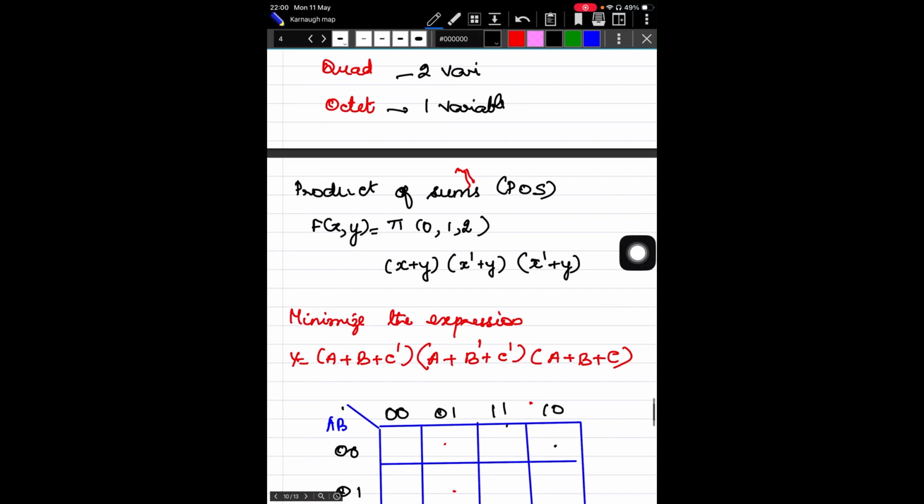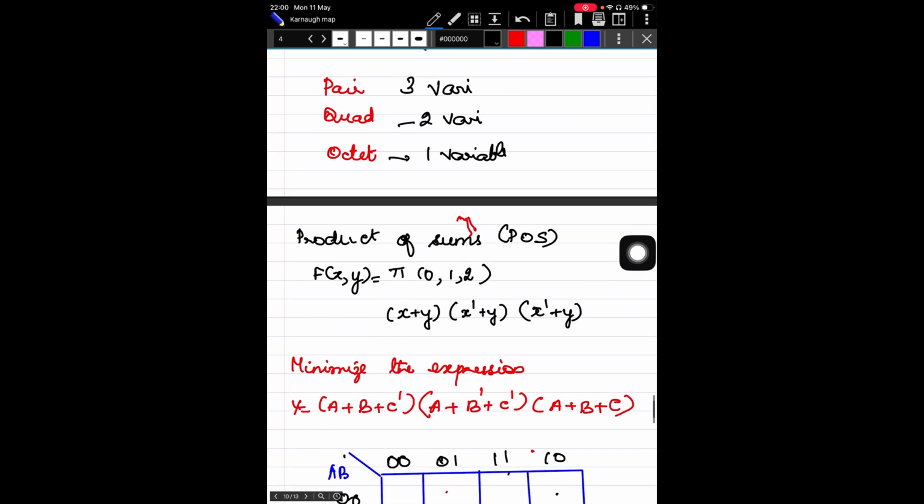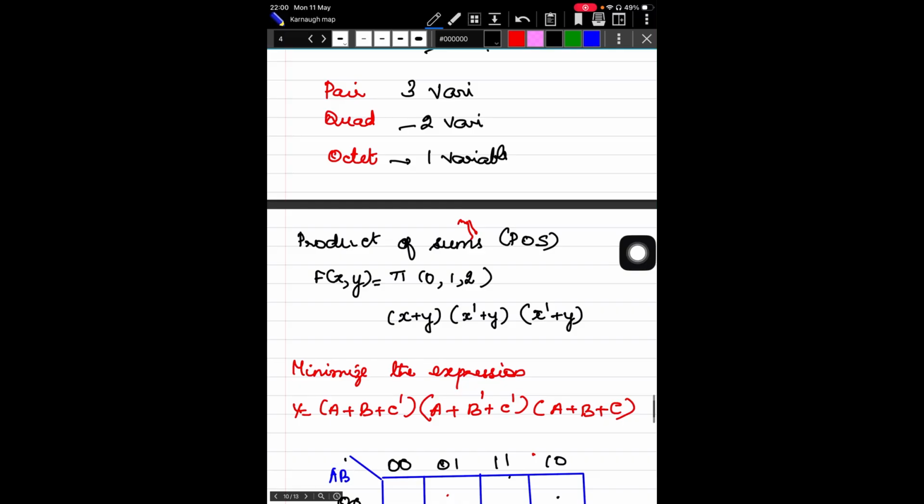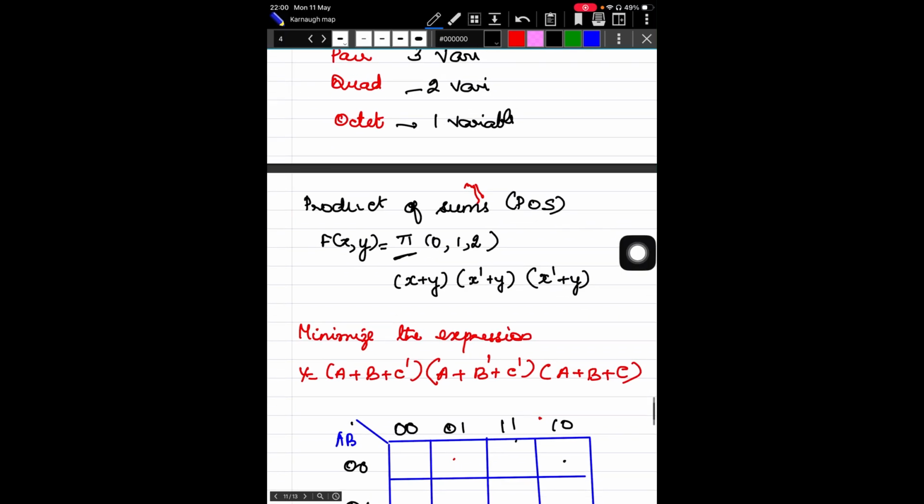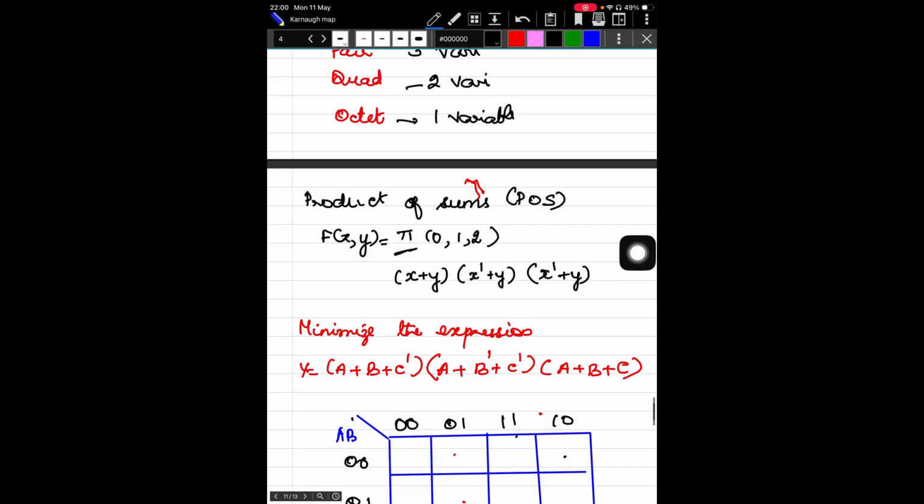Next comes my product of sums. What is the difference from sum of products? So we have products, right? We formed a sum out of all these things. The next one is the product of sums. As you have learned, this pi stands for product. So what is pi? It's completely the reverse of sum of product. There, when a variable was 0, we took it as A dash.